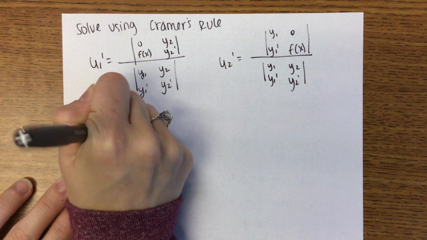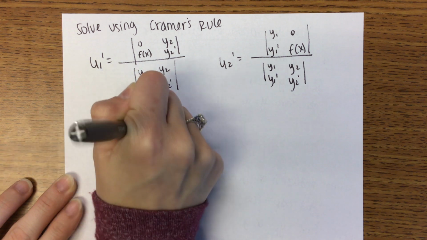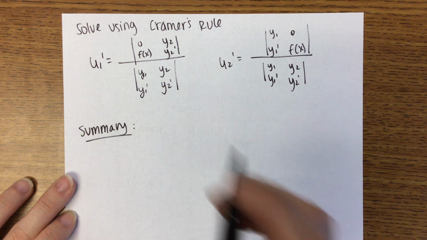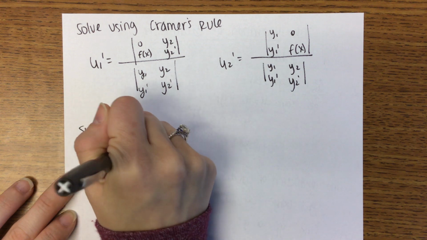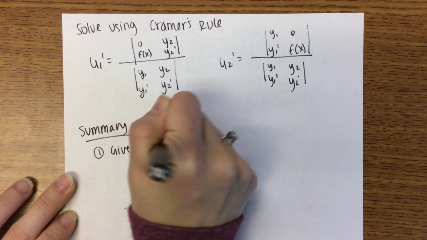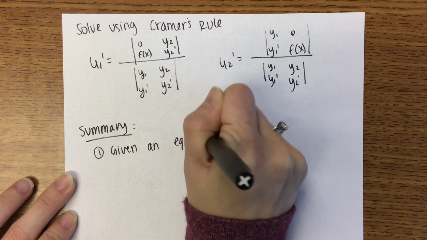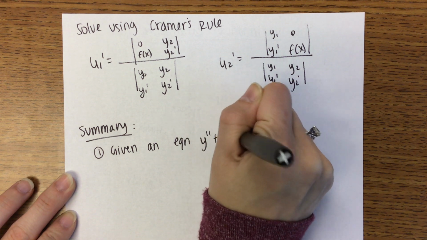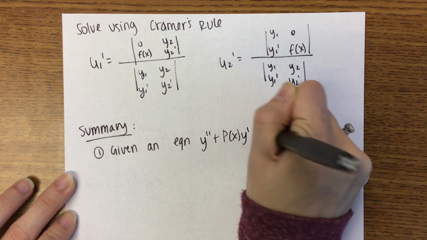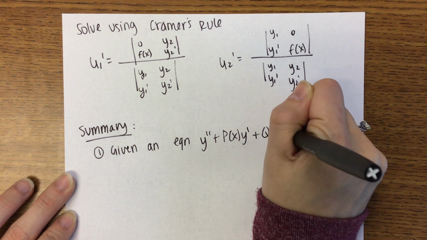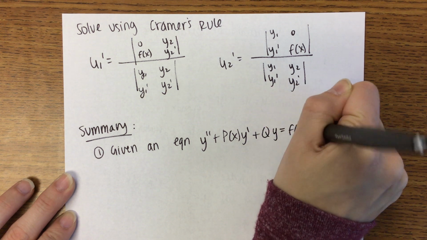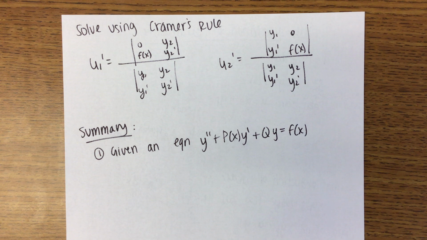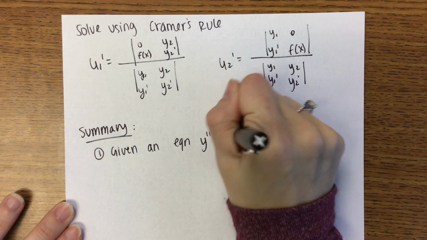Okay, so in summary, here are the 5 steps that you're going to do. First step, you'll be given an equation y double prime plus p of x y prime plus q times y equals f of x. It's not really p of x, it's just p.